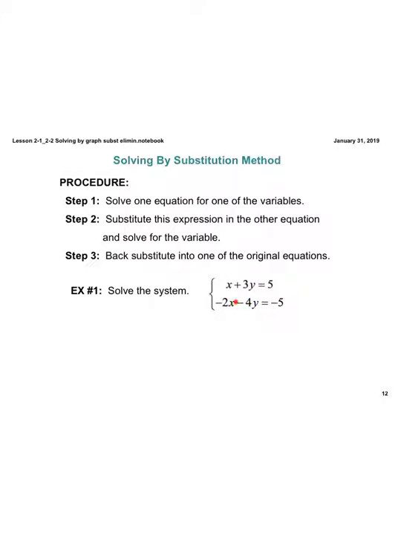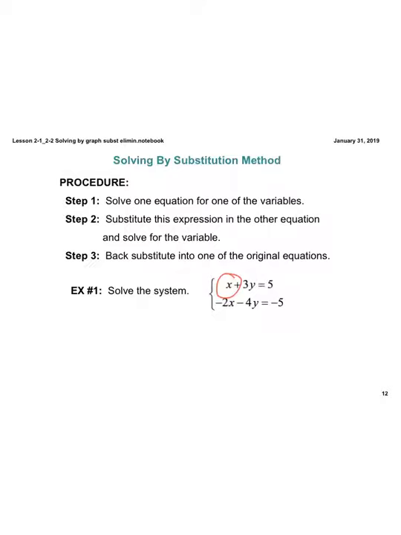And I would not choose to solve this equation for x because I'm going to get fractions. You want to find the equation and find the variable term that has 1 as its coefficient. So that tells me I'm going to solve the first equation for the x. If the second equation's y had a coefficient of 1, so it was +1, then I would have solved the second equation for y, or at least I would have had a choice between the two.